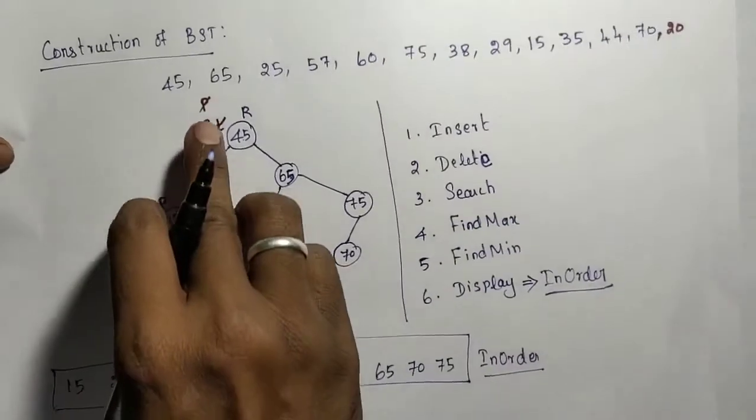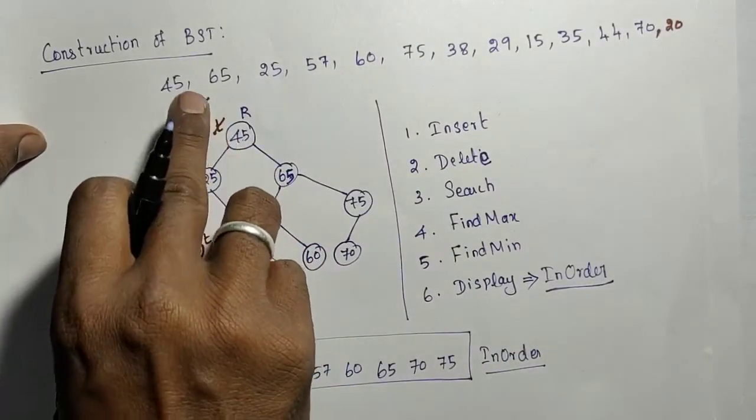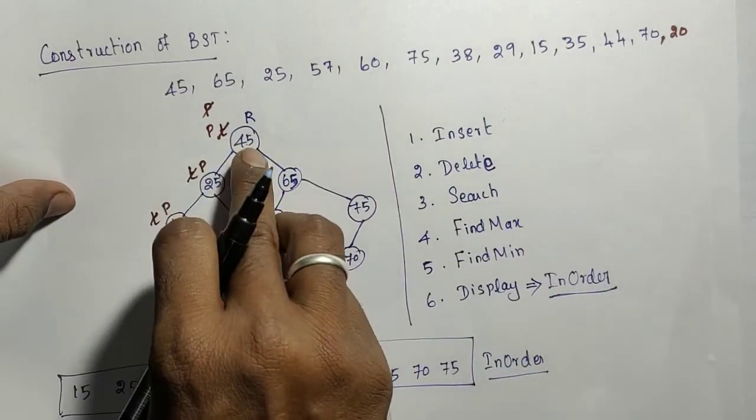Now the procedure will be what? How to use two variables, t and p. Okay, t pointing to the root, p is null.